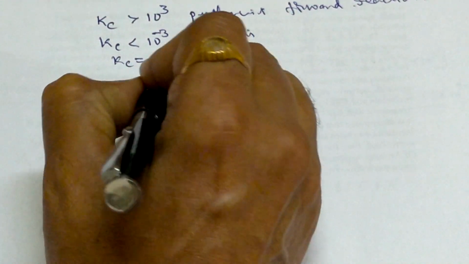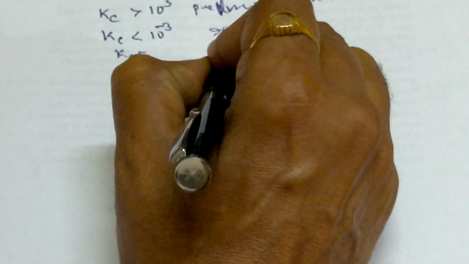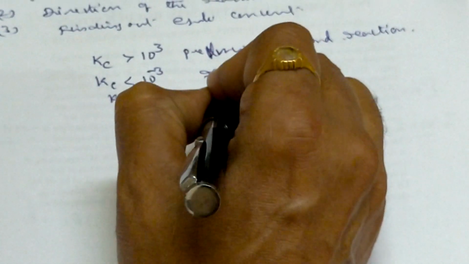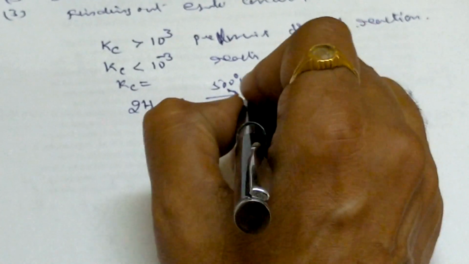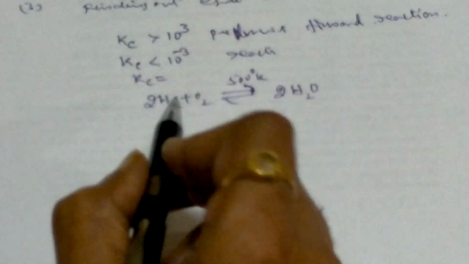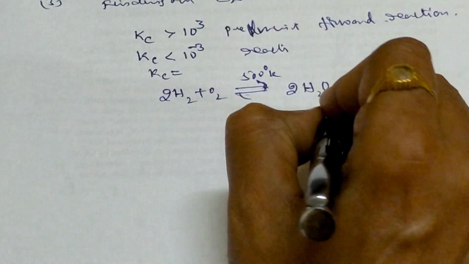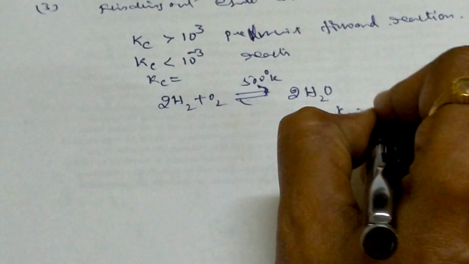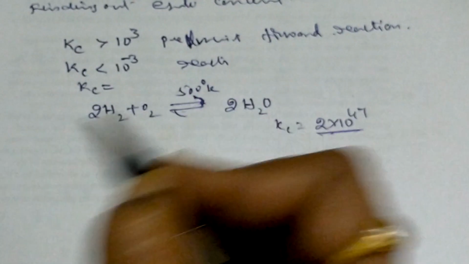Everybody knows that hydrogen reacts with oxygen in equilibrium at 500 degrees Kelvin, and you will get water, according to the balanced equation. The Kc is roughly 2 into 10 power 47. See, a very big value.